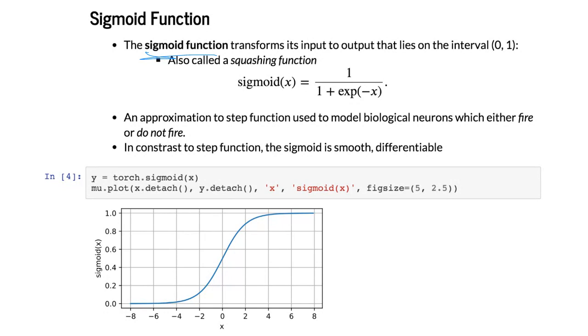And why they were doing that is basically because in biological neurons, the activation function is like a step function. Okay, so in biology, the activation function in biological neurons looks like this. Okay, it is the step function.